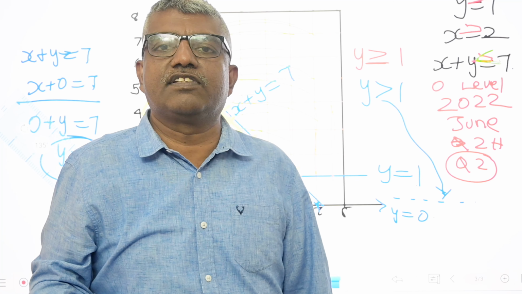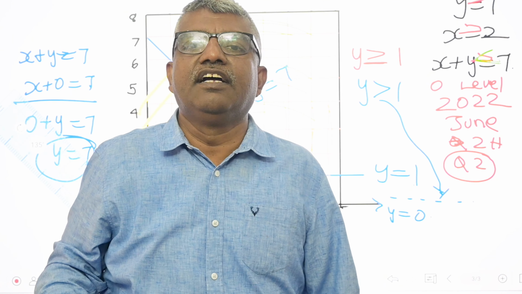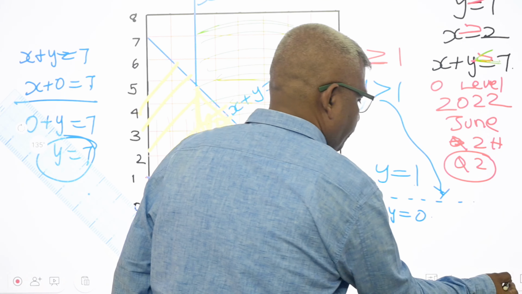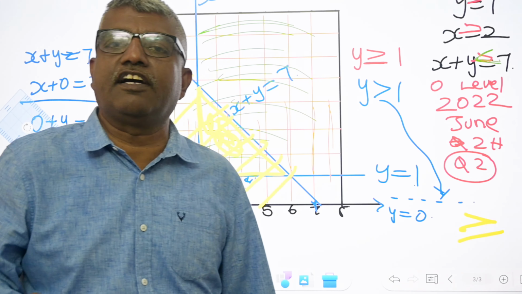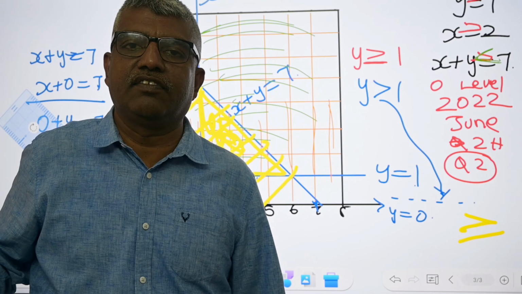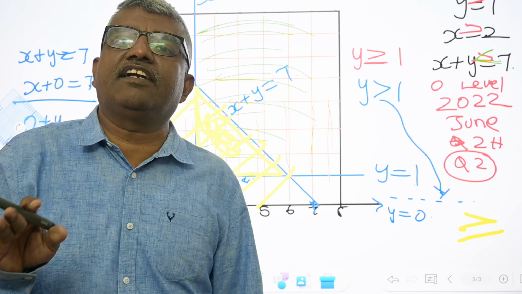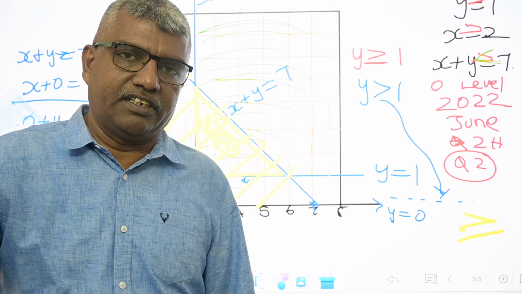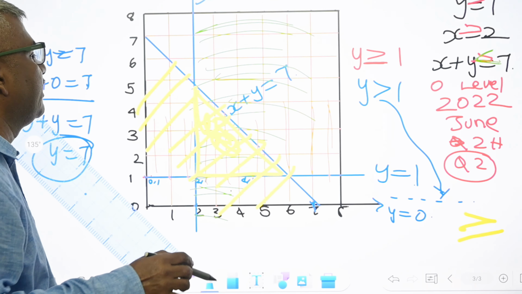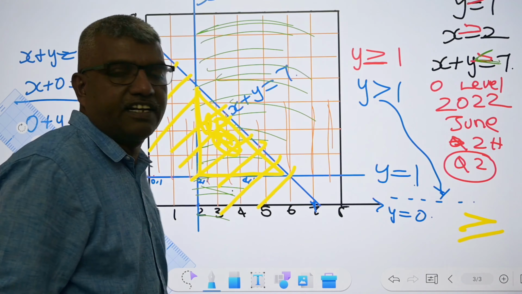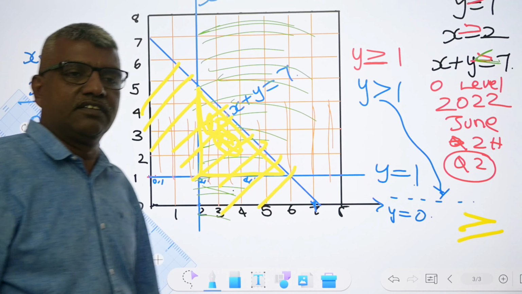Put x is equal to 0. Then draw the line. If they are giving greater than or equal to or less than or equal to, you put a solid line. If they are giving greater than or less than, you put a dotted line. The region which satisfies all three conditions is considered as R. Copy it down.